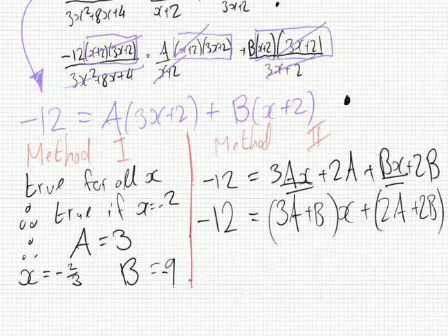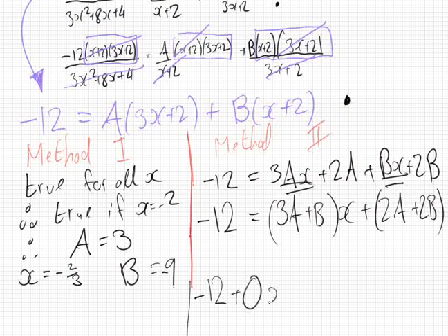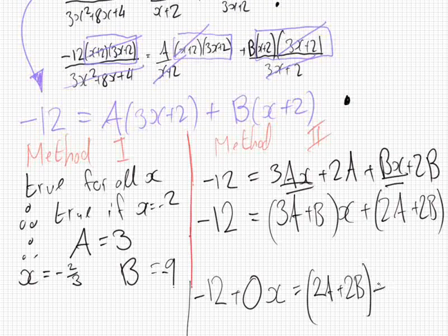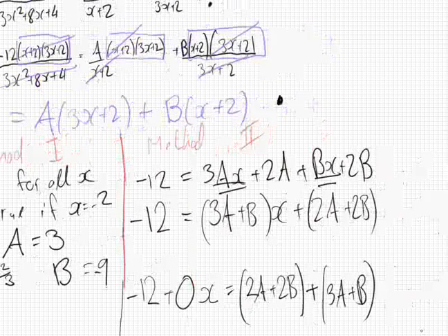Or to be very, very clear, minus 12, you see what I did there? I put these two together here and took the x out. Minus 12 plus no x's equals 2a plus 2b plus 3a plus b x.